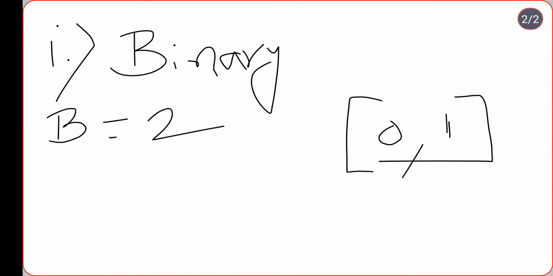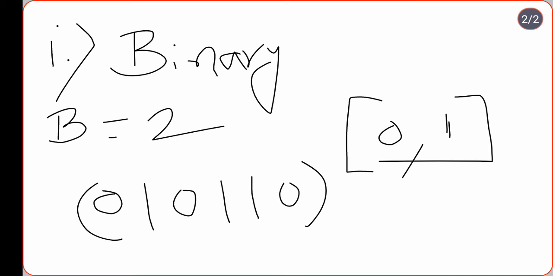For example, 0 1 0 1 1 0, and at the bottom, at the subscript, you have to write 2. This is an example of binary system.